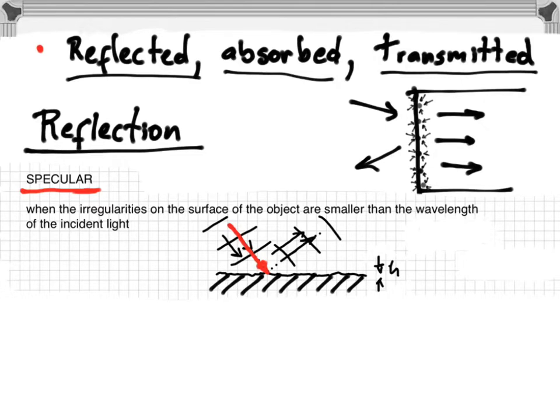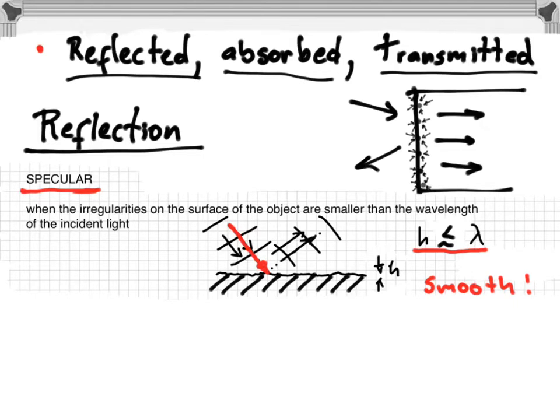So how do we measure that? We indicate here with h the difference in height between the highest point on the surface and the lowest point on the surface. If the surface is polished, a very smooth surface, and by small irregularities we mean that the size of the irregularities is less than or equal to the wavelength of the light that you're shining on the surface, then we say that the surface is smooth.